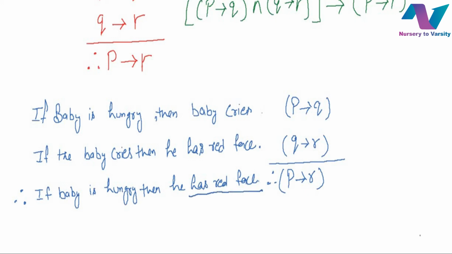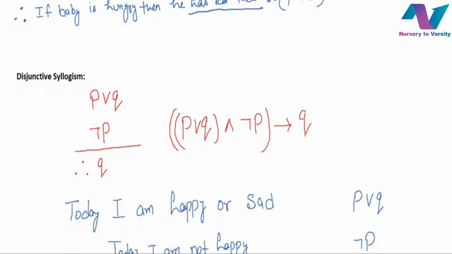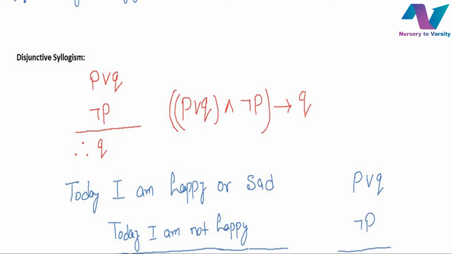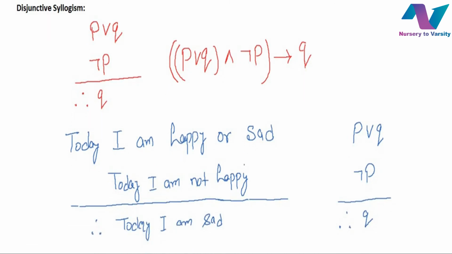Now we are moving toward the disjunctive syllogism. In disjunctive syllogism, if we have P or Q and the negation of P as premises, we conclude that Q is true. For this, we can take an example: today I am happy or sad.